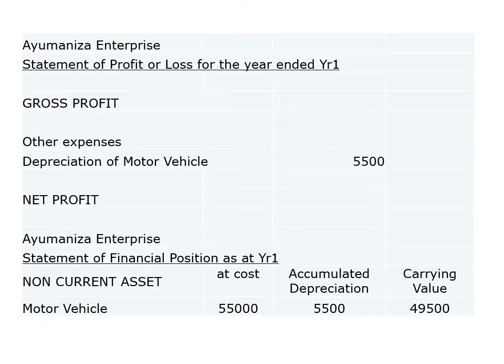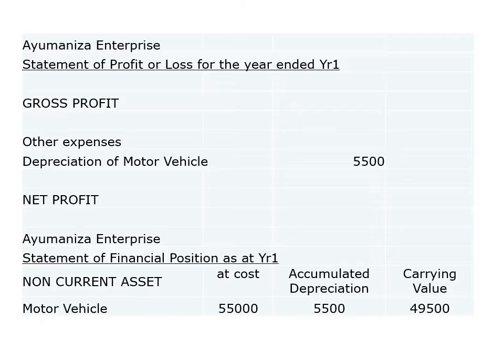So in your statement of profit or loss for year one, you have depreciation of motor vehicle 5,500 that will be included in the other expenses part.